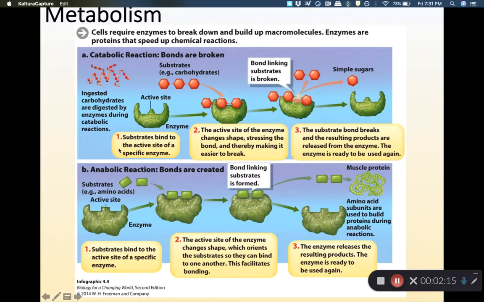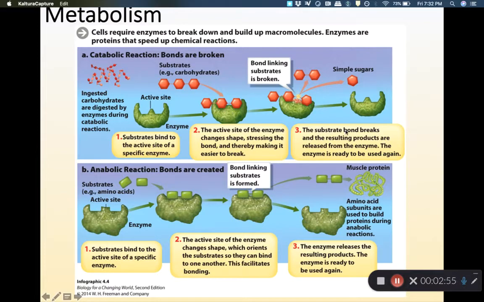So this first diagram shows us an example of a catabolic reaction. So we see here the breakdown of some sort of carbohydrate. So we have an ingestion of a carbohydrate, and during digestion, these carbohydrates will bond to these active sites of an enzyme, and then that active site of the enzyme changes shape and starts to stress the bond between these carbohydrates, and then making it easier to break.